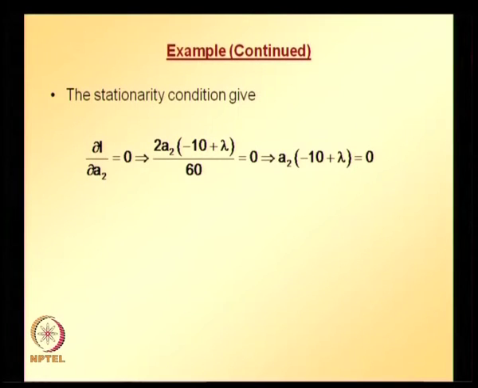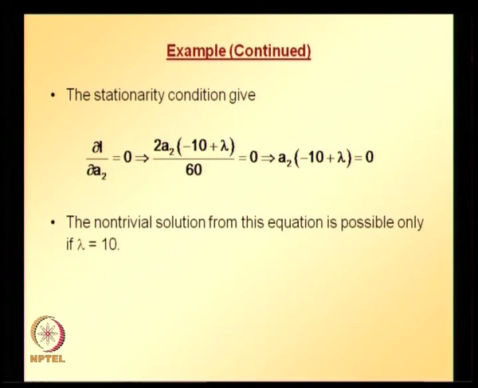an eigenvalue problem is. Here a2 cannot be 0, because all these coefficients a0, a1, a2 are non-zero, and the only way this equation can be 0 is if lambda is equal to 10. a2 equal to 0 is a trivial solution, but we are looking for a non-trivial solution.